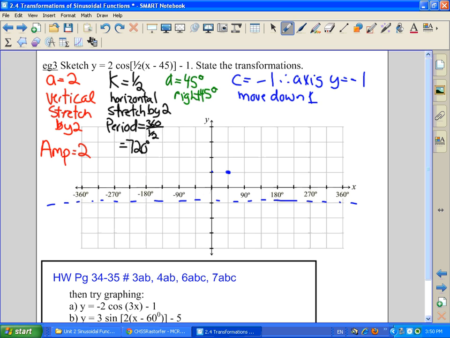Okay, and then it's going to take me, since it's 720 degrees, halfway is going to be kind of over here. So if you are thinking of how do I center that, I put my minimum here, and then my other minimum is going to be here, which is 45 degrees over. So I apologize, it just needs to shift over one more spot here. Okay, so we're like this.